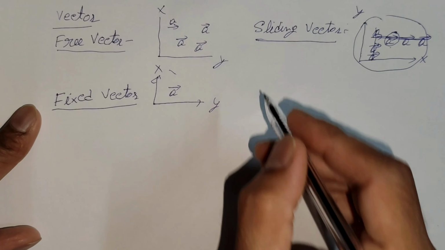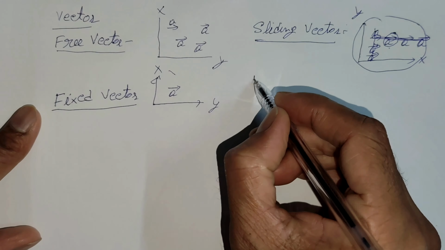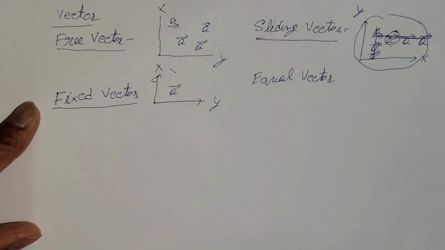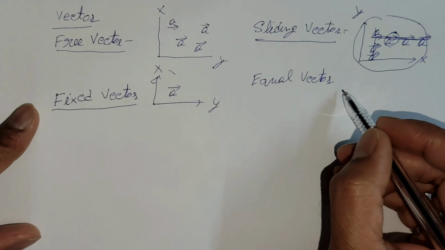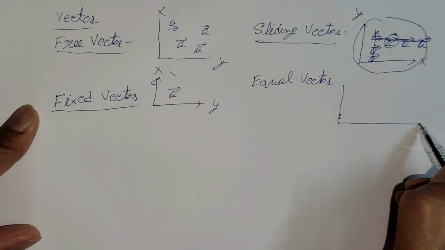Okay, next, the equal vector. What is an equal vector? If several vectors have the same magnitude and the same direction in a plane, then this is called an equal vector.